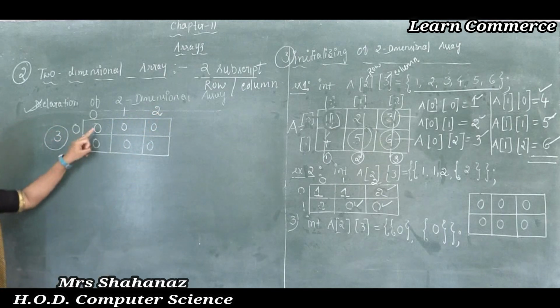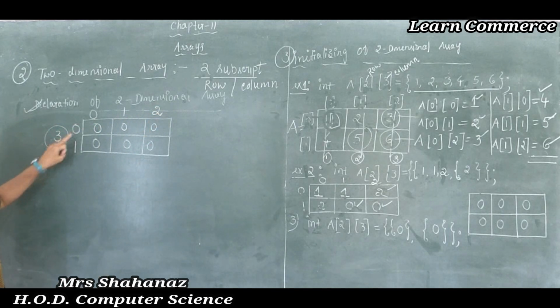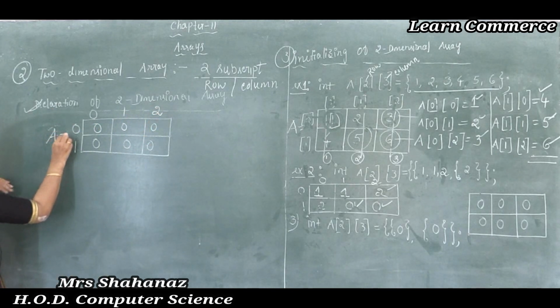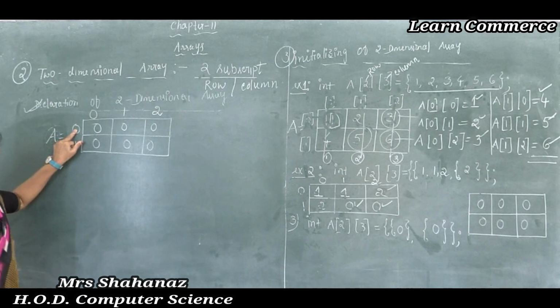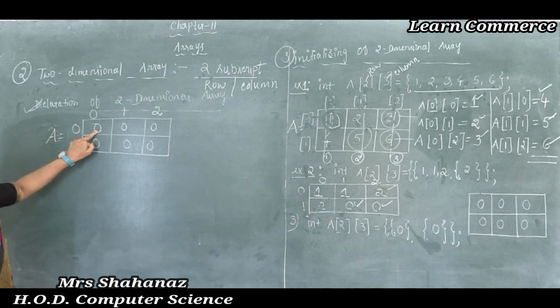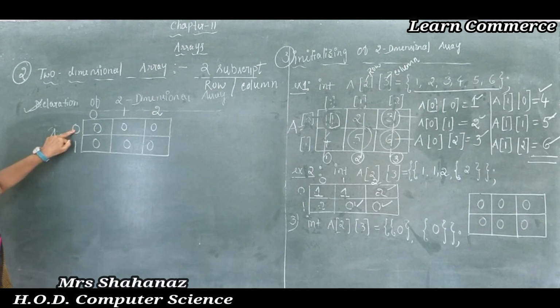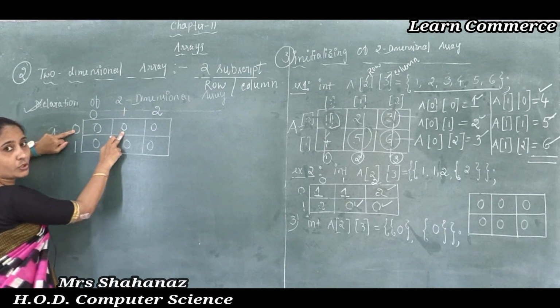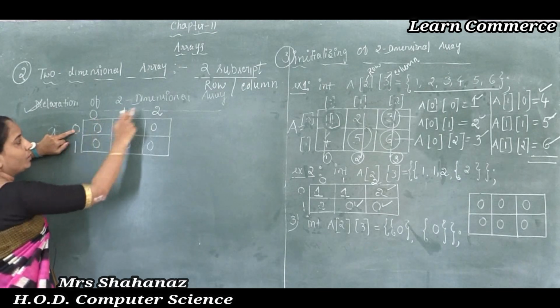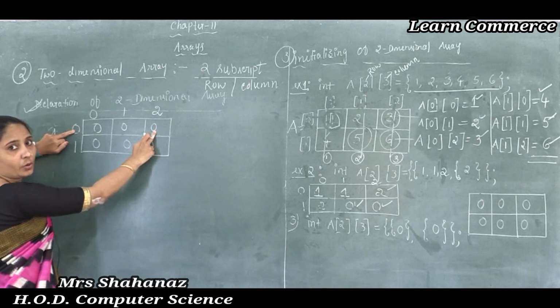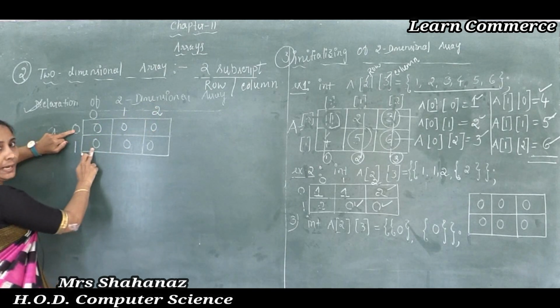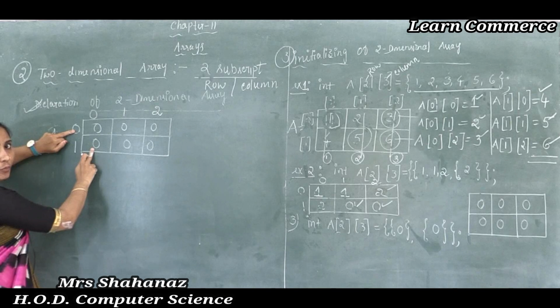Now A of, maybe the array name is A, row column is equal to 0, and so on. Like that we can access the value.